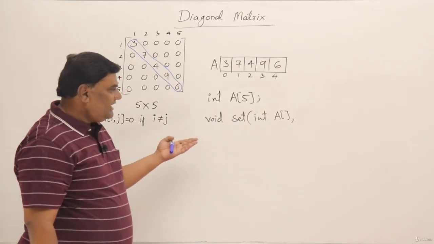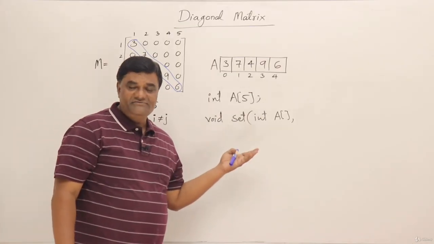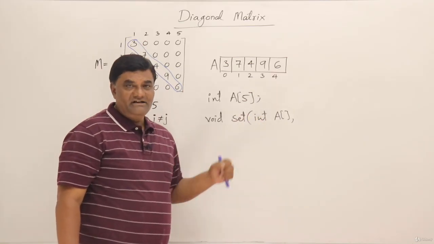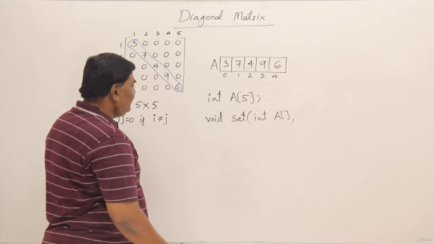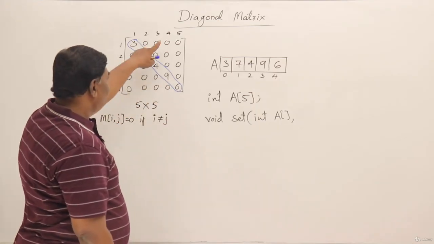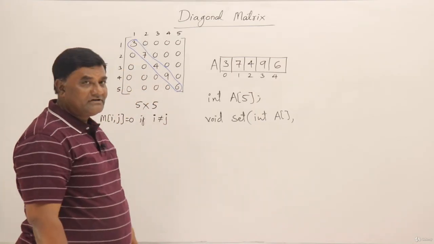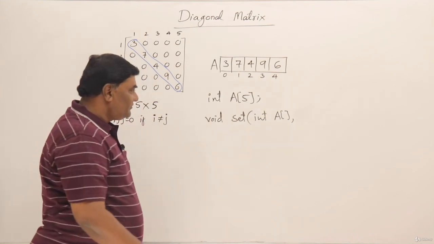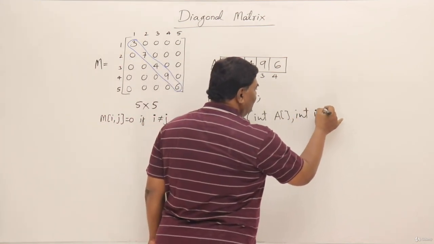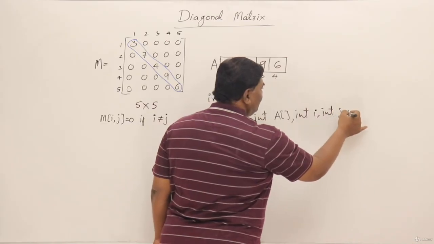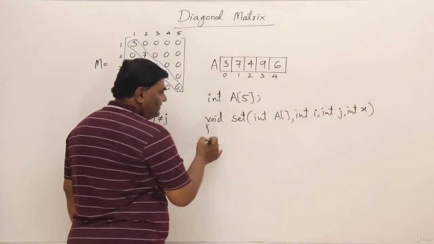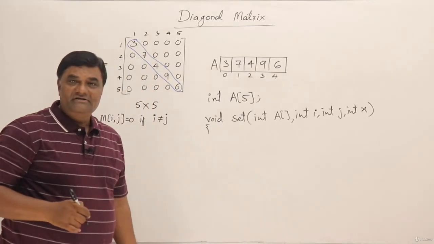In my program, I may have many matrices which are diagonal matrices, so whichever diagonal matrix it is, I can pass it as a parameter. Then it also needs the row number and column number, that is I and j, and x is the element that I want to store.